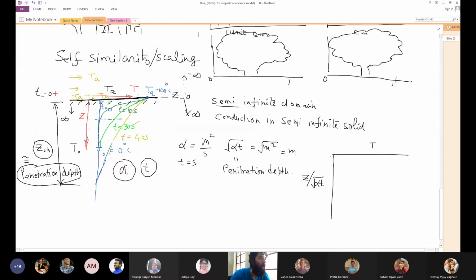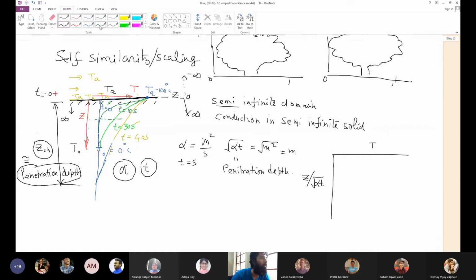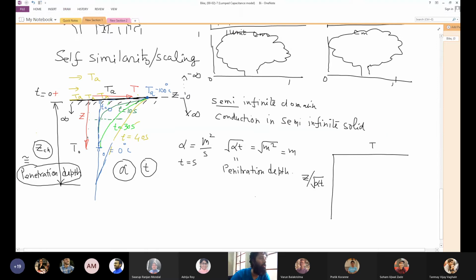So, at t equals 10 seconds, this was our green plot. Now this z was spanning from here to here.